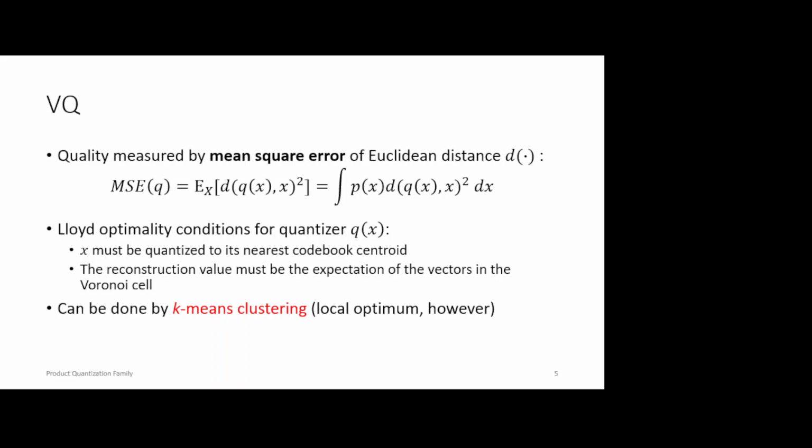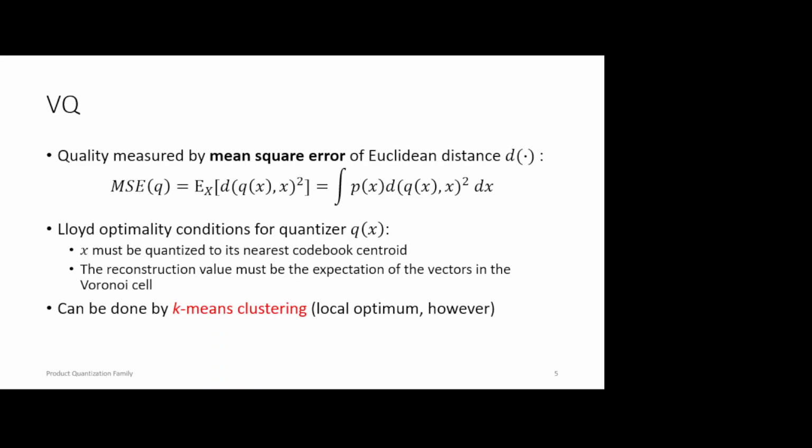So x should be quantized to the nearest centroid, and the centroid should be calculated as the average, the expectation, of all the data assigned to the cluster. Based on this, we can find the best quantizer Q. All this process can be done by k-means clustering.